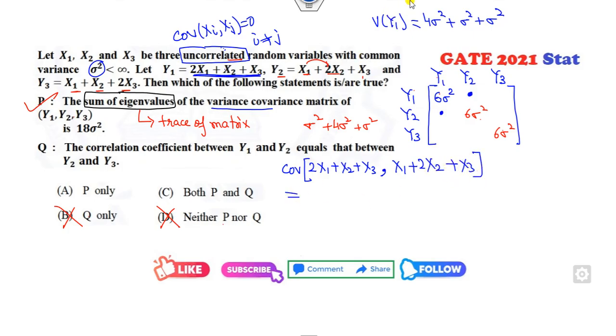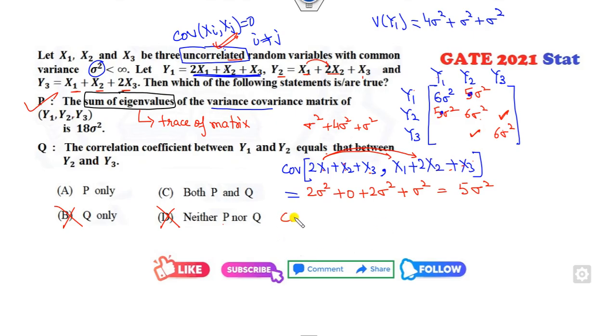So if I open the first pair into this, 2 times variance of x1 square. x1 into x2, because they are uncorrelated, it's 0. x1 x3 is 0. Similarly x2 and x2 will be 2 sigma square, x2 and x3 is 0, and x3 and x3 will be here, it is 5 sigma square. So this value is my 5 sigma square.